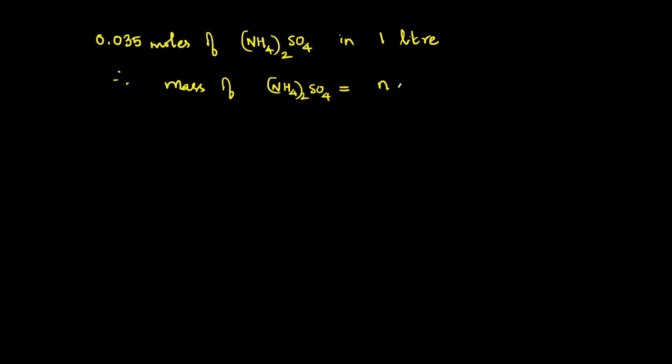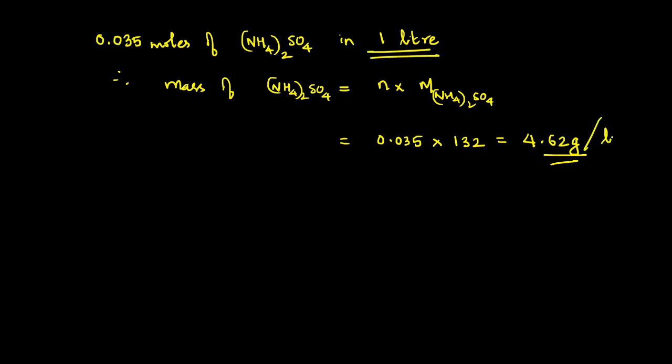It will be number of moles into molecular mass of ammonium sulfate. So number of moles is how much? 0.035, and the molecular mass is given in the question as 132. Once you multiply this, you will get 4.62 grams. So that is present in how much liter? 1 liter.